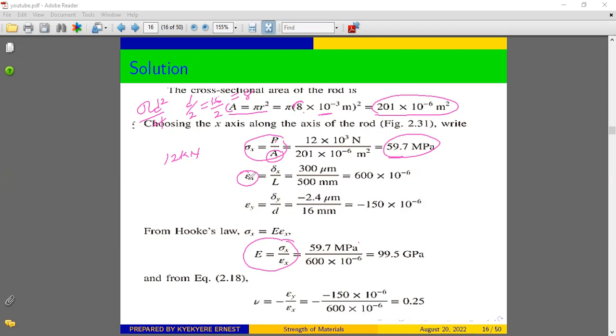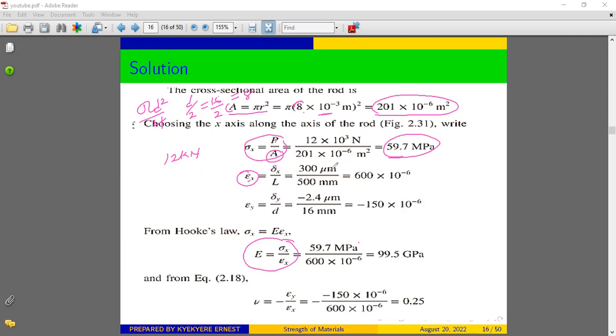So we know that the strain is the deformation. Here, the force is only applied in the x, so the strain is going to be the deformation in the x-axis, which we are told is 300 micrometers, and the original length we are told was 500 millimeters, which is 0.5 meters. So we can change everything to meters.